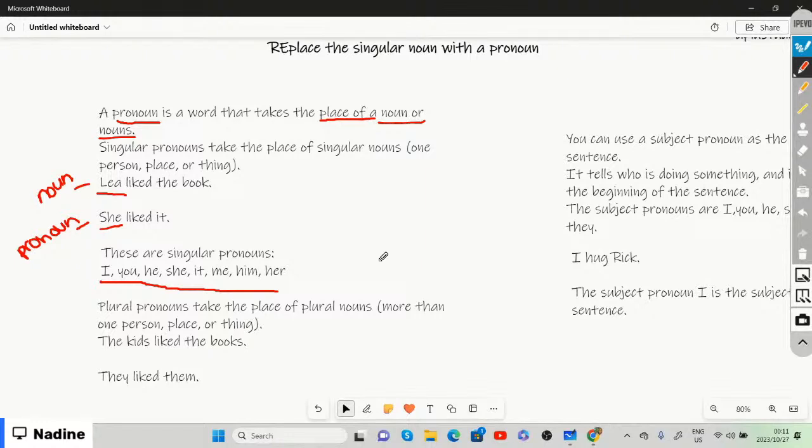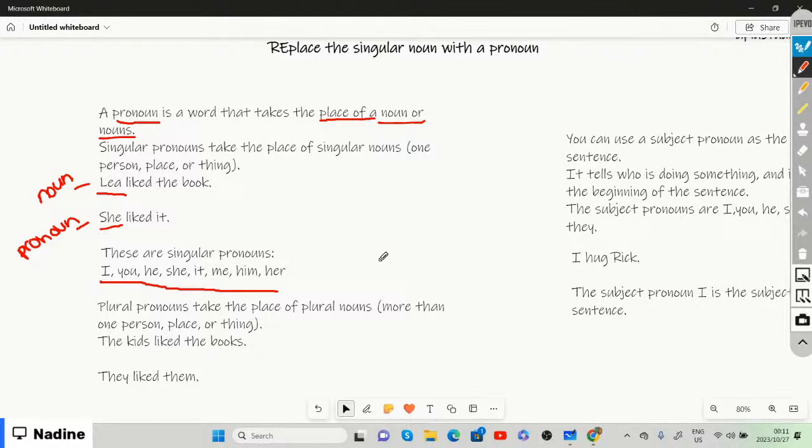Then we have the plural pronouns. The plural pronouns take the place of a plural noun, and the plural noun refers to more than one person, more than one place, and more than one thing.